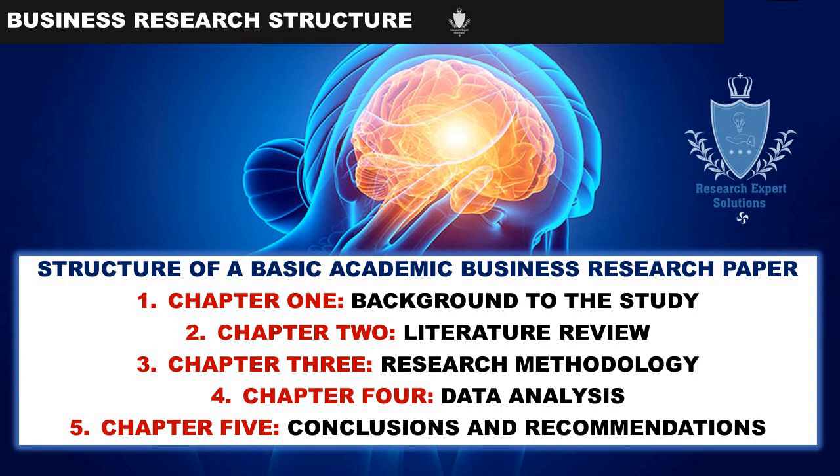And then under the same background of the study, we also talk of the statement of the research problem, which we have already covered in the previous slide. And we also talk of the general aim of the study, which is basically an expression of the main goal of the research in one particular statement.